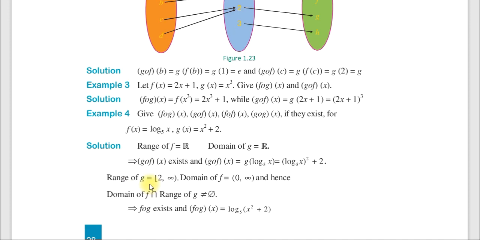The range of g is from 2 up to positive infinity, that is, numbers greater than 2, because x squared is always positive, starting from 0, and 0 plus 2 is 2. The domain of f is 0 to positive infinity, so the domain of f intersect the range of g is not the empty set, so f∘g exists and f∘g of x equals log of (x squared plus 2) in base 5.